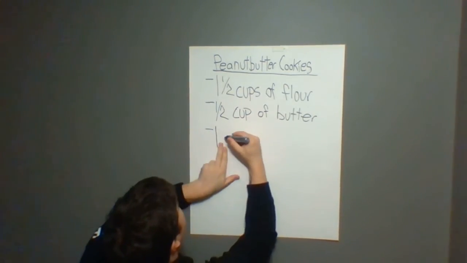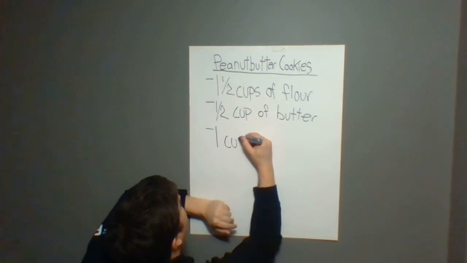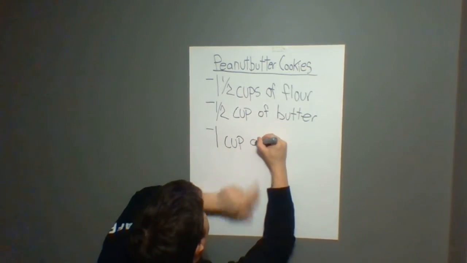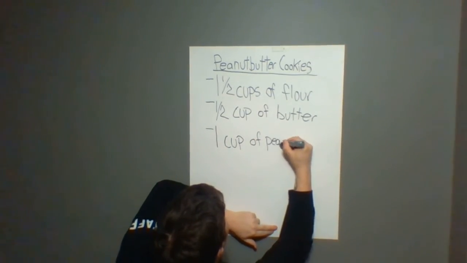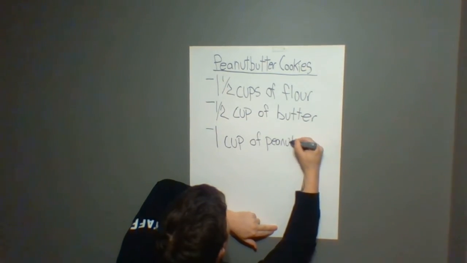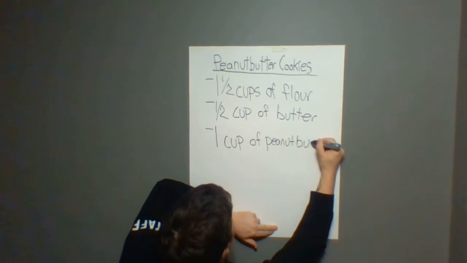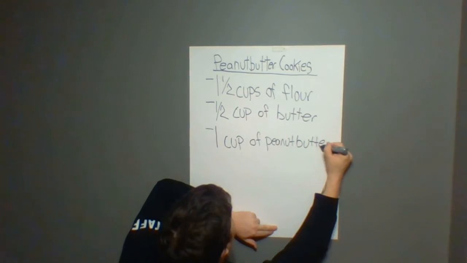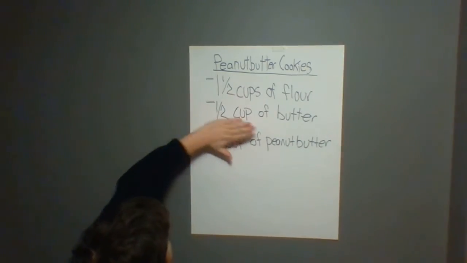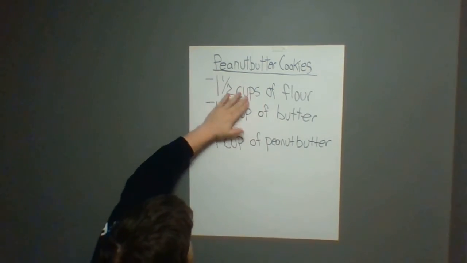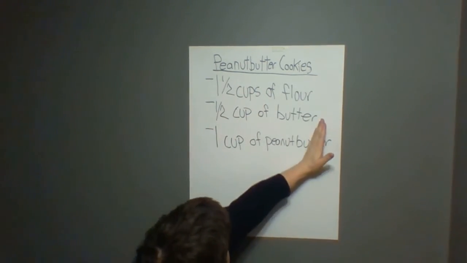1, two finger space, cup, of, peanut butter. Excellent. Once again, it's nice and straight. We have fairly even spacing between everything, and we're going from left to right.